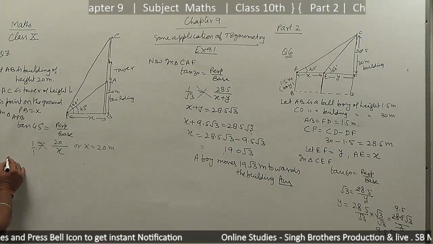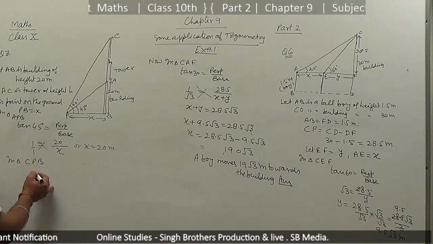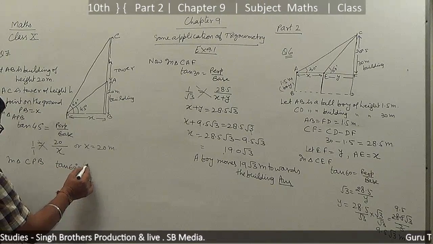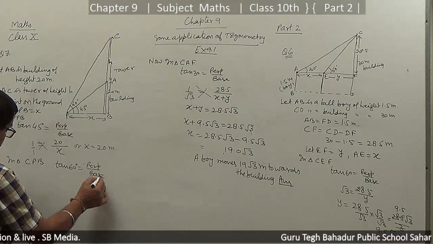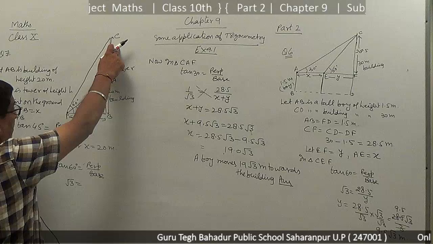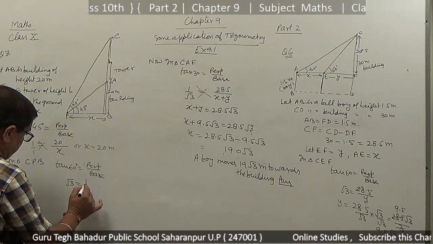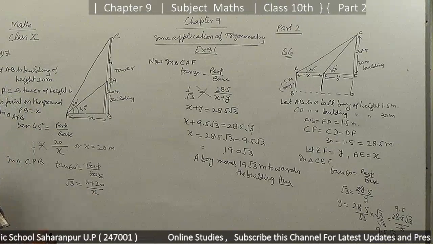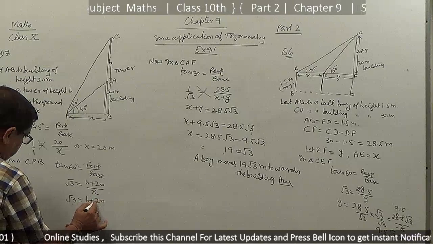Now in triangle CPB, tan 60 degree is equal to perpendicular upon base. Tan 60 is root 3, perpendicular is h plus 20 upon x, and root 3 is equal to h plus 20 upon x.